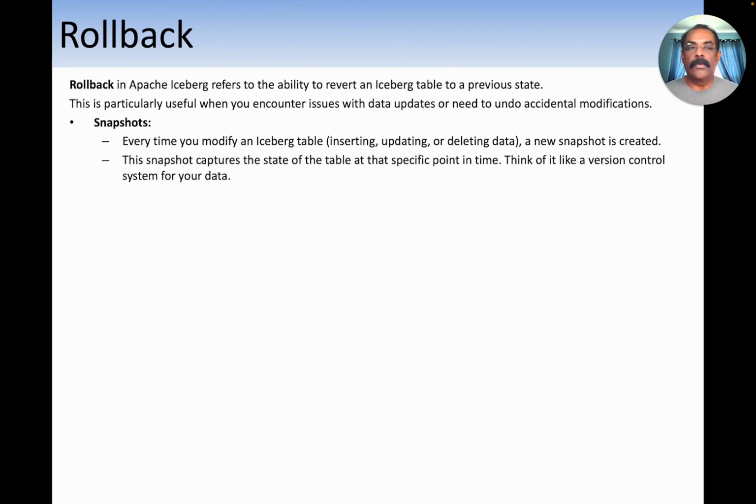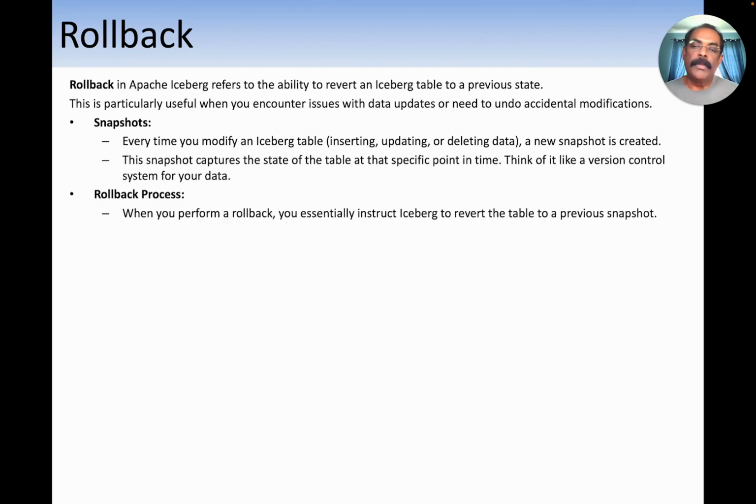This is like version control for our data. What is the advantage of this snapshot? You can do time travel. Of course, you can do rollback, and you can see the different schema evolutions across different versions. Depending on how far back we have the data, you can do time travel.